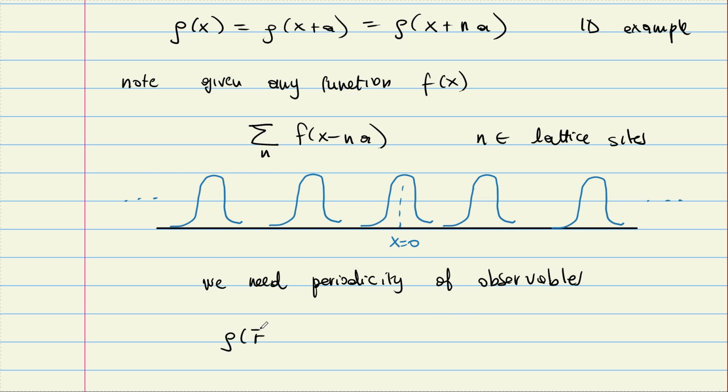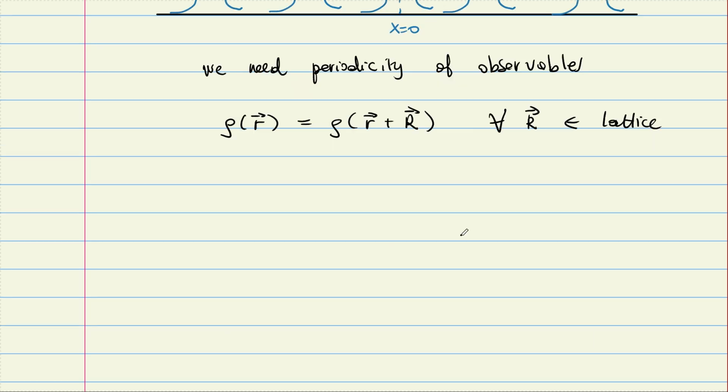Any observable, let's say density, is going to be equal to rho of r plus R for all R in lattice. And if a function is periodic, we know the Fourier transform works. Fourier transform is the ideal representation of periodic functions.